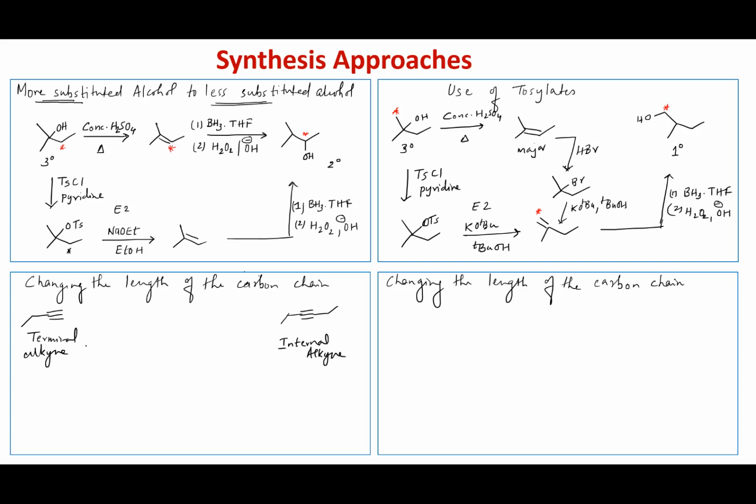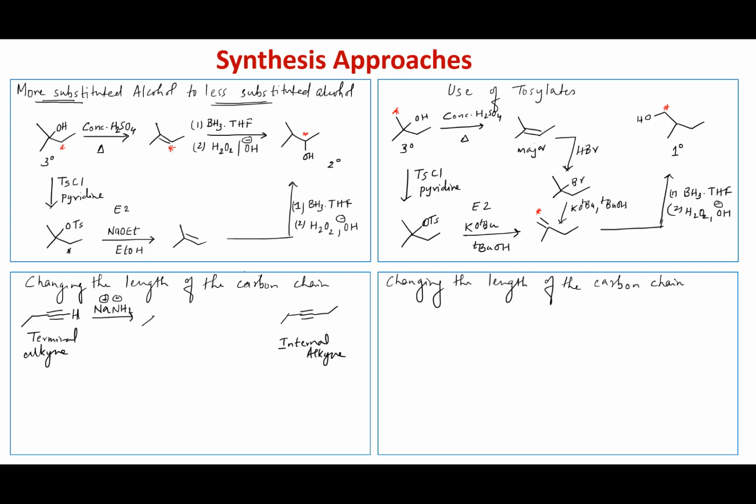Now, a good characteristic of terminal alkynes is that they can be deprotonated using a strong base such as sodium amide, because this hydrogen on the terminal alkyne is acidic, so it can be deprotonated.